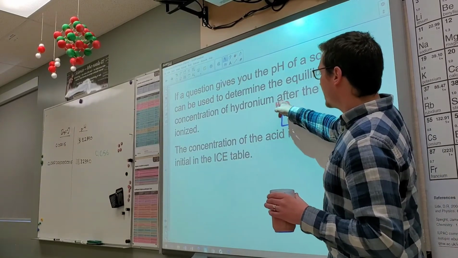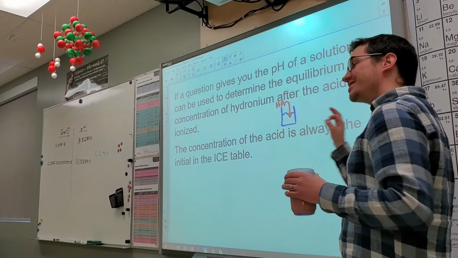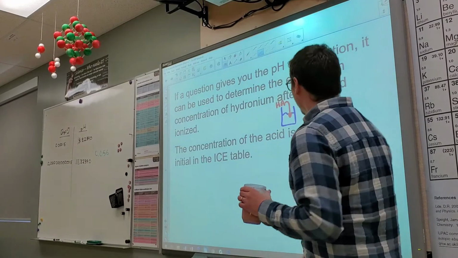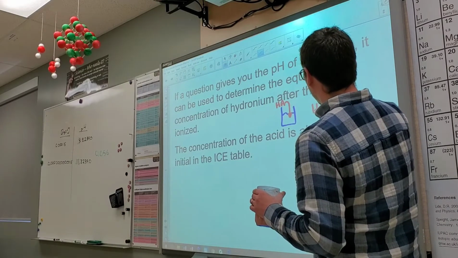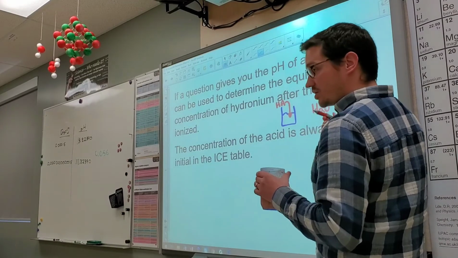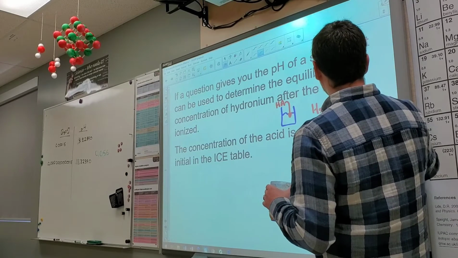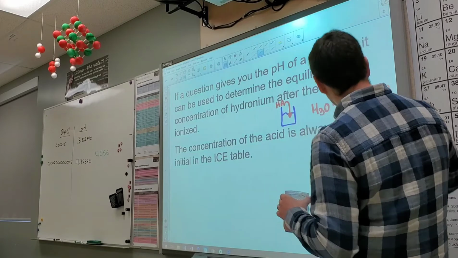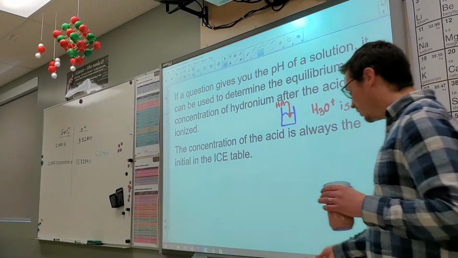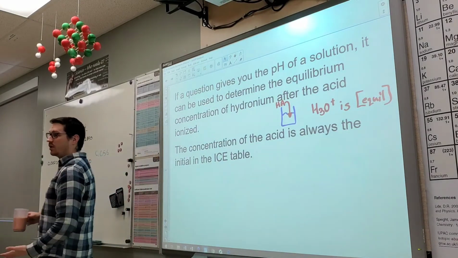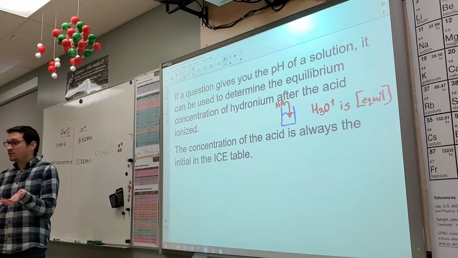So when I put this HA into the water, it turns into H3O. That means that the H3O that we measure from the pH is always an equilibrium concentration. Whenever you're measuring pH, you're really measuring hydronium concentration. pH is hydronium concentration.